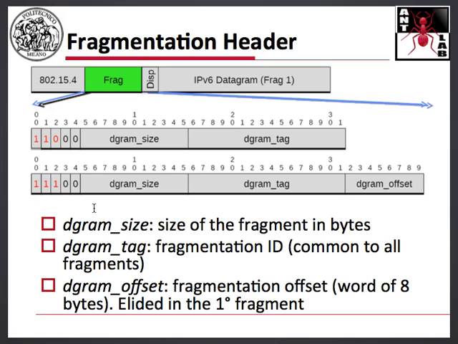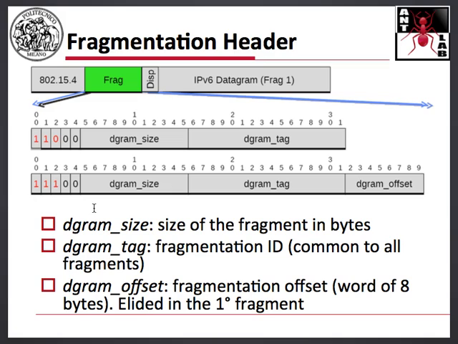And the third is the offset of that specific fragment with respect to the original packet, so whether it is the first chunk of bits of the original packet, the second, the third, and so forth. This is exactly the information in the fragmentation header.